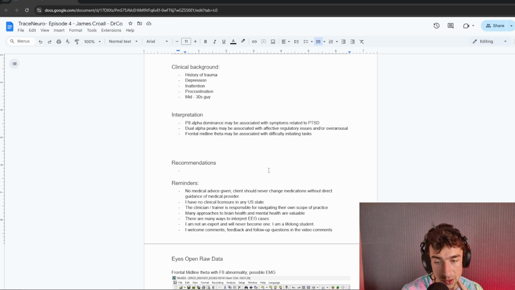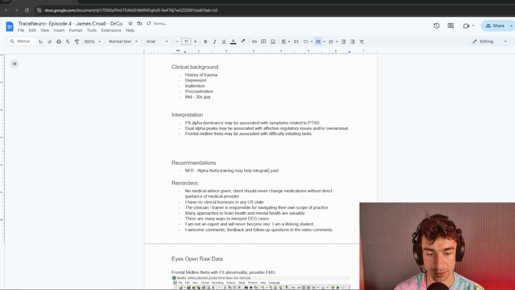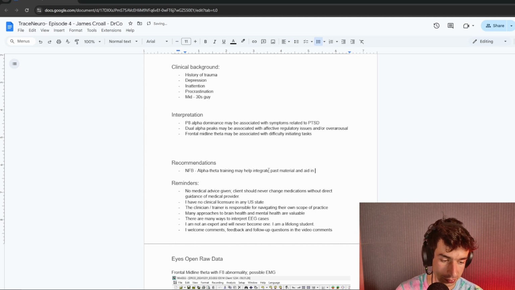So, what do we do about this? Well, neurofeedback, classic alpha theta, may help integrate past material and aid in calming the faster alpha peak.